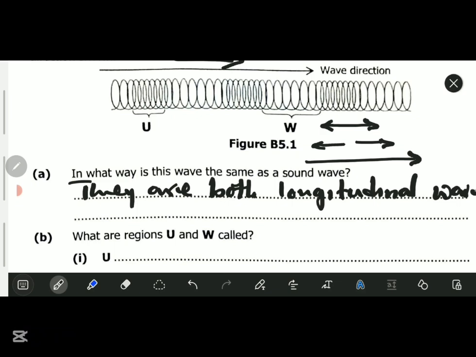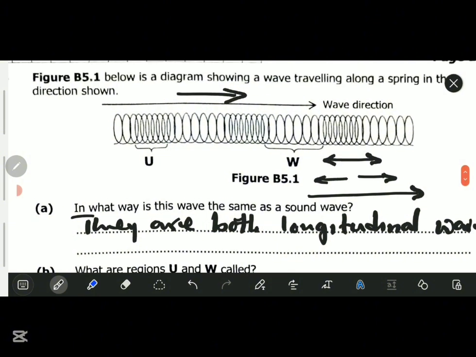Okay, yes. Since they move to and from, they will have regions similar to U and W. Even in sound, we will have places where the particles come close to each other and areas where the particles are further apart. Areas where the particles are close to each other, like U, are called compressions.